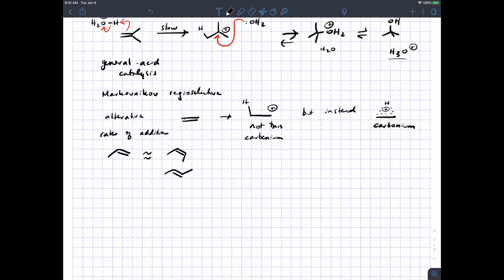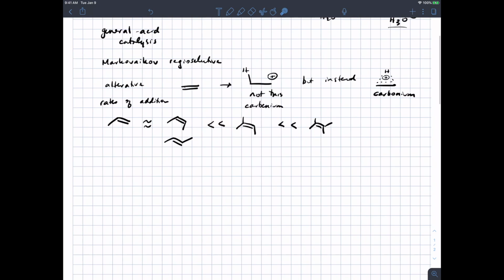But instead, as long as one side is monosubstituted, the other side can be monosubstituted as well, and there's really no rate acceleration. When you start adding additional substituents, that's when the rate acceleration occurs. So this species is faster than the trans and cis butenes, and then the tetrasubstituted alkene is even faster. So what that suggests is that you have a discrete carbenium ion rather than a bridged carbonium ion.